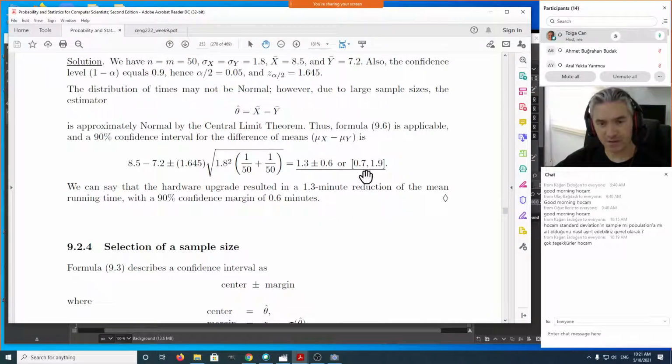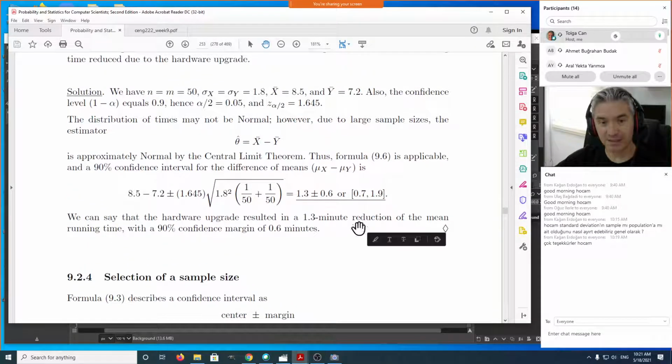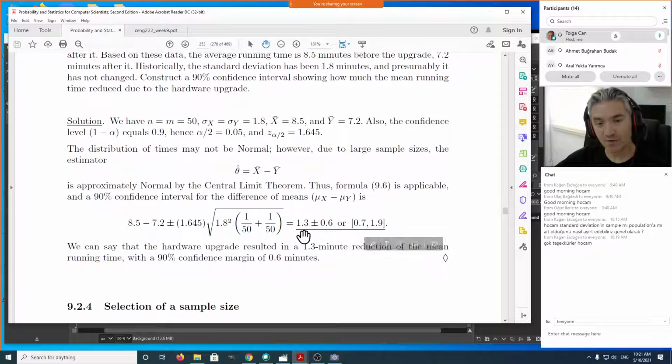Confidence is always fixed, but if I want to find out, that's an interesting thing. For example, if you want to be within plus minus 0.1 of the actual difference between the two running times, here in this case, when the sample size is 50, the margin is 0.6.